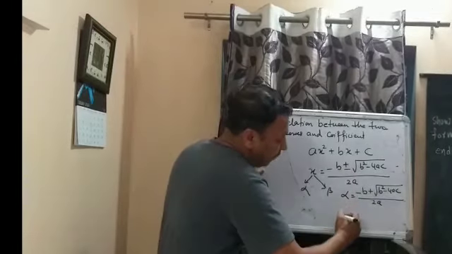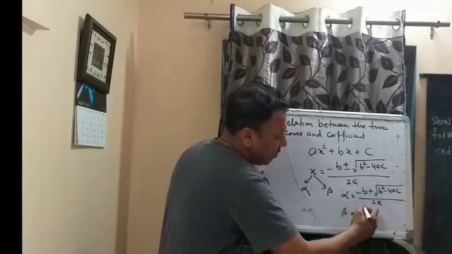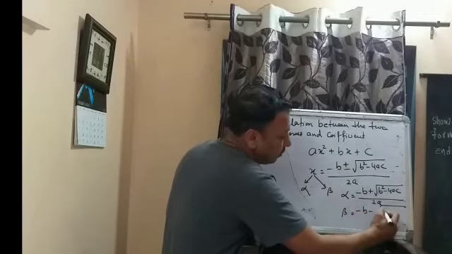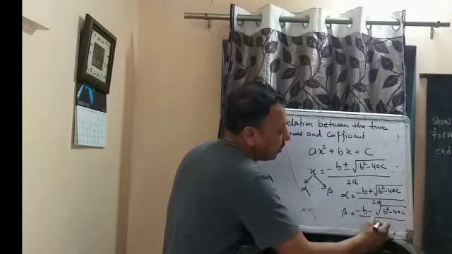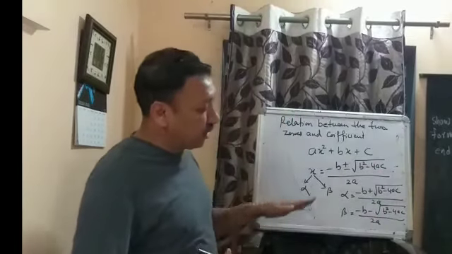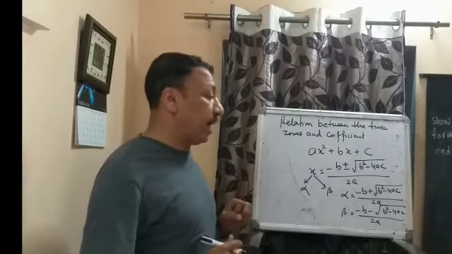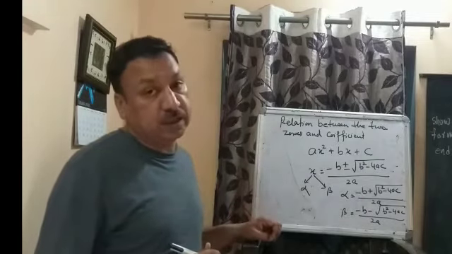Another value that I have got as zero is minus b minus under root b square minus 4ac upon 2a. Again, b is a coefficient of x, a is a coefficient of x square, and c is a constant term.